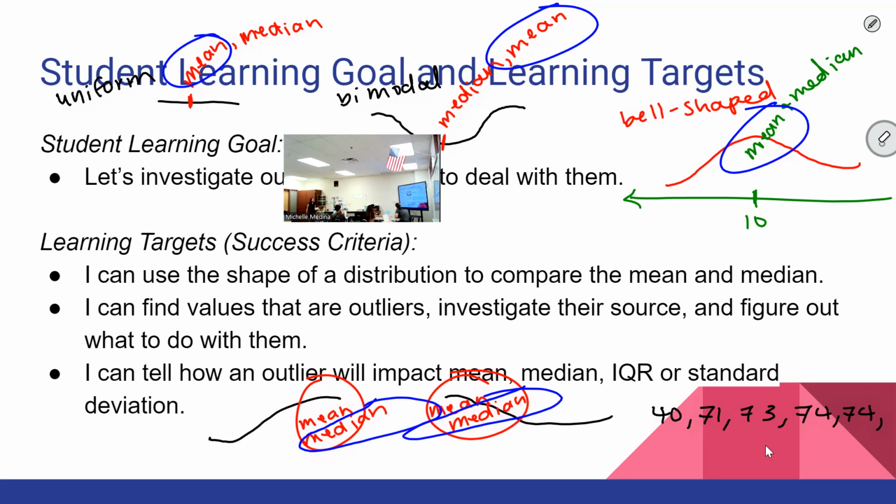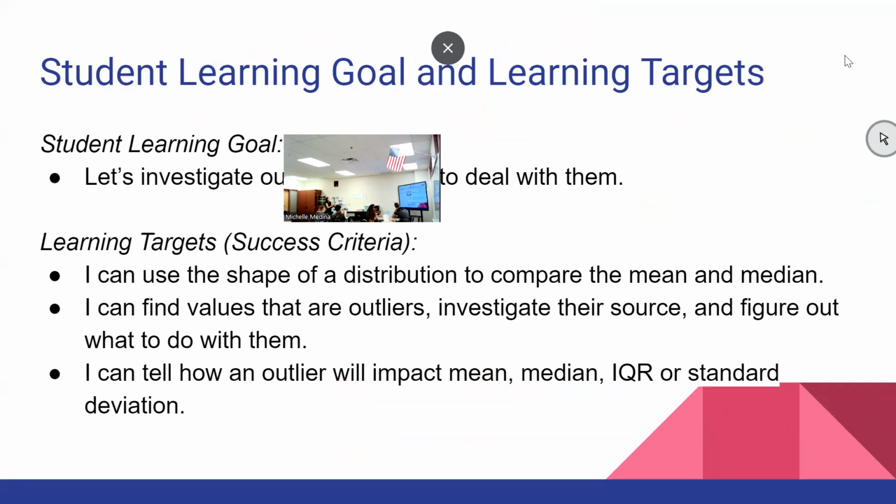Okay. So then I can find values that are outliers, investigate their source, and figure out what to do with them. We didn't really have time to talk about the last part of it, investigating their source and figuring out what to do with them. So if I take you back to that example about the grades, say we have these scores again.